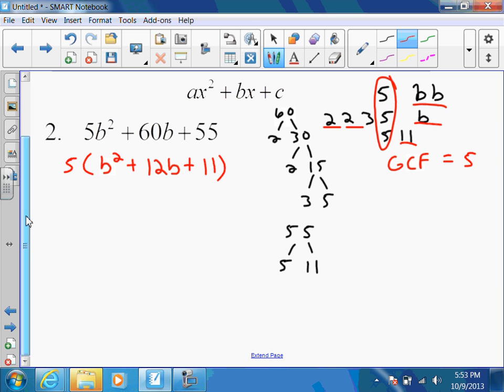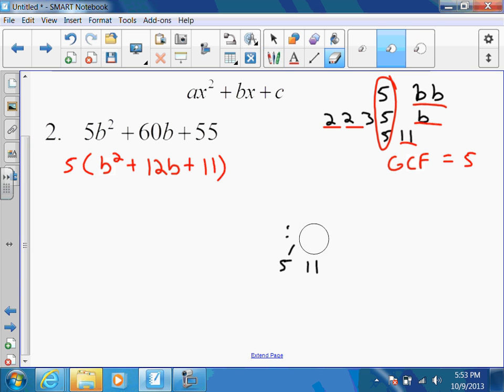Now the next step is going to be identify A, B, and C. When we identify A, B, and C, we want to look inside the parentheses. We don't care about the GCF. So what is my A? Remember, I find A in front of x squared. Here it's going to be in front of b squared.